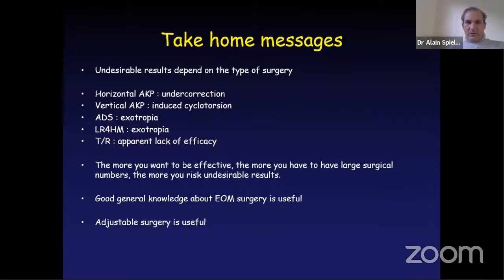On vertical anterior procedure, the main problem is induced cyclotorsion. The main concern after artificial divergence surgery is exotropia. The main problem after large recession of the four horizontal muscles is exotropia also. And after tenotomy and reattachment of the muscle, the main problem is apparent lack of efficacy.